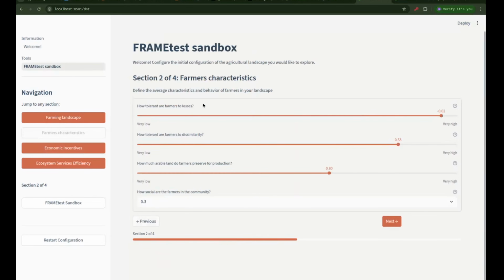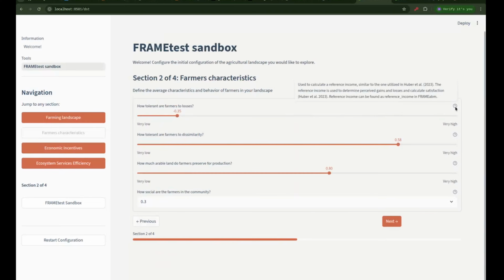One example is, how tolerant are farmers to losses? This is a generic question, and you can say, this is a group of farmers that are highly tolerant to losses, or maybe not, very low. This is translated into parameter values. For instance, this particular number is used to calculate the reference income, because we do not have empirical data of what the reference income of each farmer is.